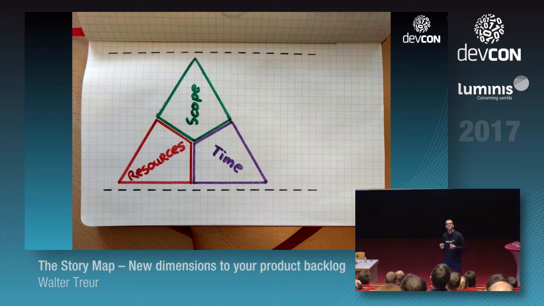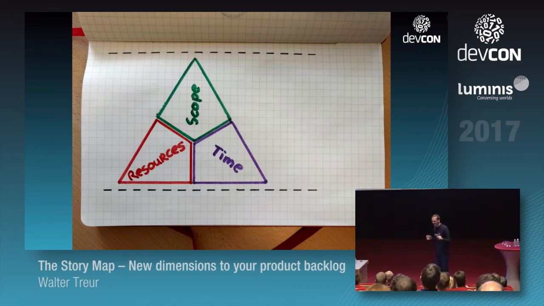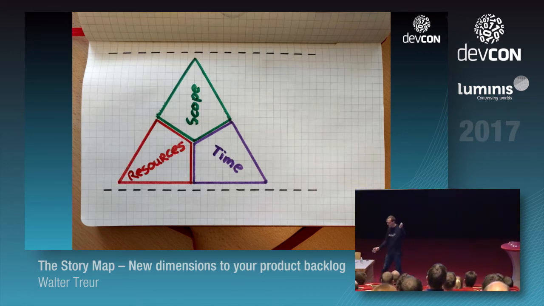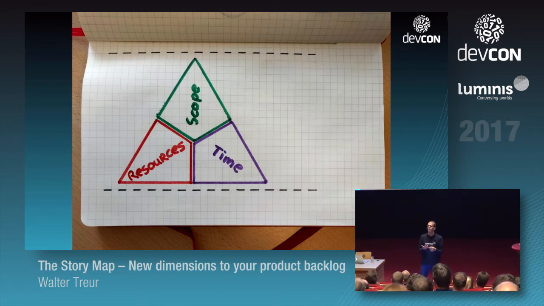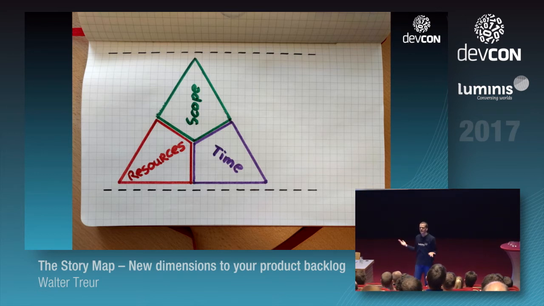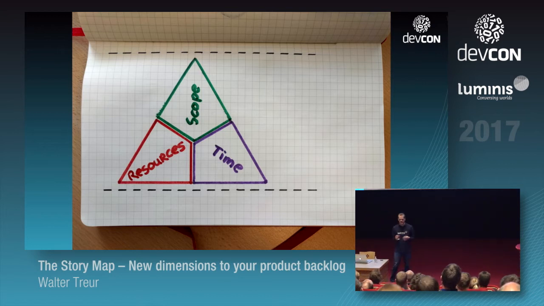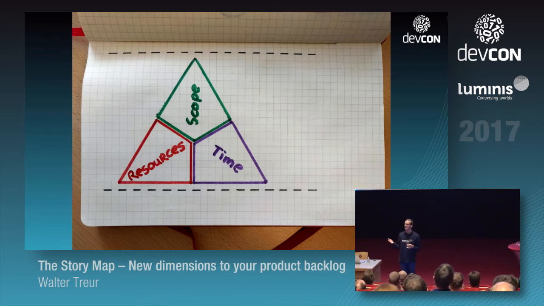They're all related to each other, because if I change the amount of features that I'm going to implement, whether it's stories or story points or just a set of things that I need to do, I'm going to impact my time, right? If I need more time, it's going to cost me more money. If I bring more people onto the project, depending on when you do that, it's going to take less time, for example when your team just starts.